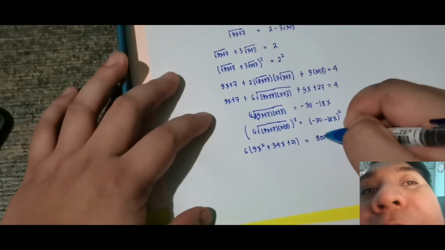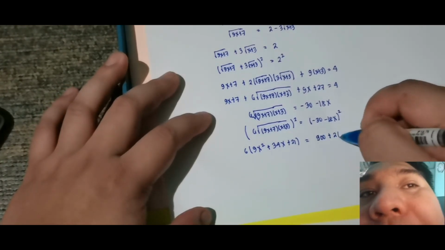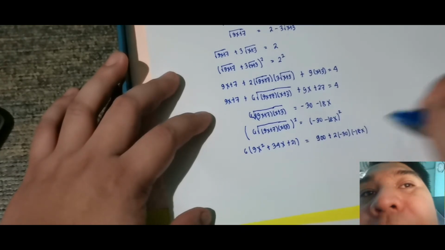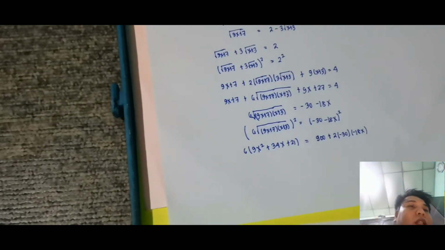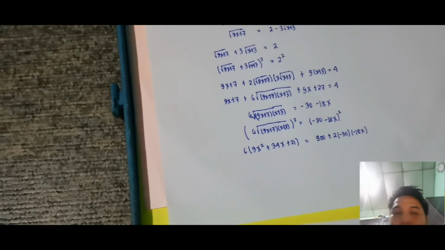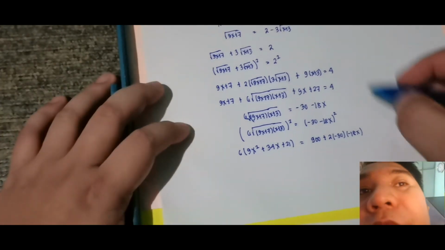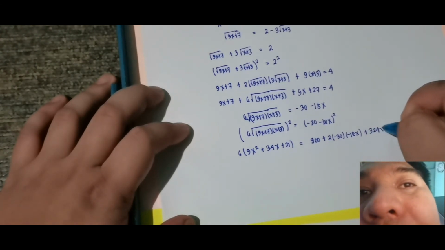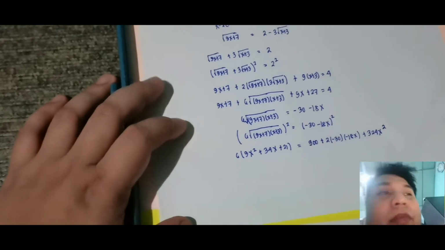This is 900 plus 2 times negative 30 times negative 18x, then negative 18x raised sa 2. So that is negative 18 raised sa 2, okay, 324. So that is positive 324, so this plus 324 x squared.